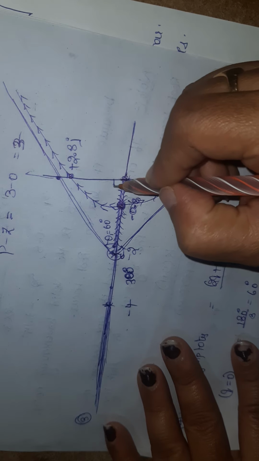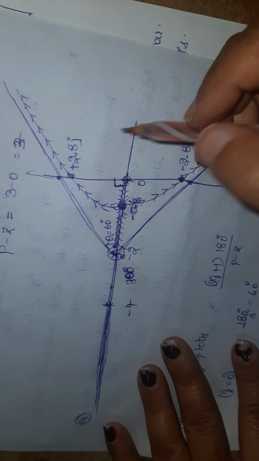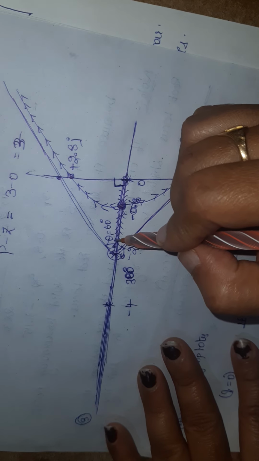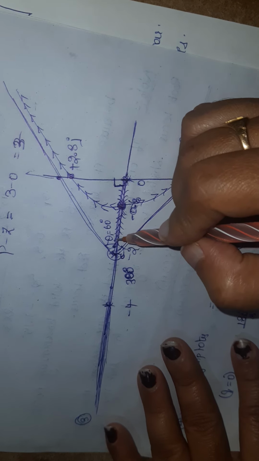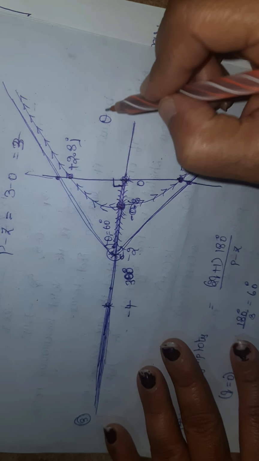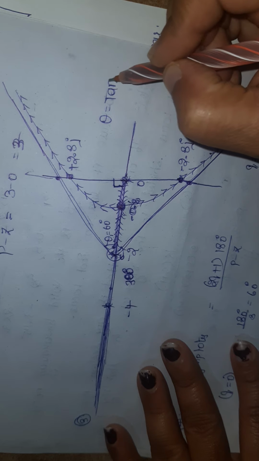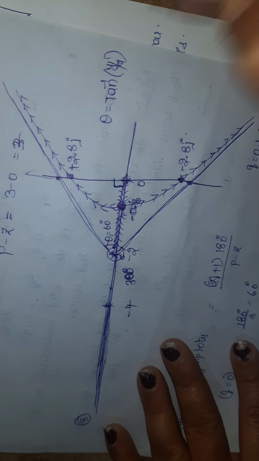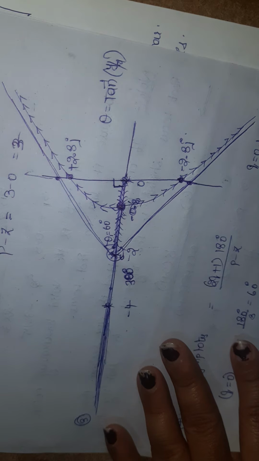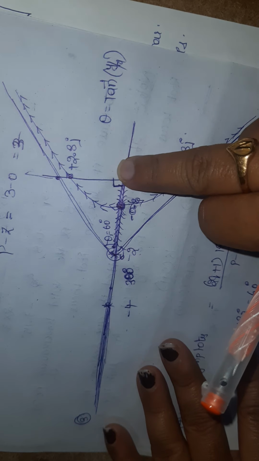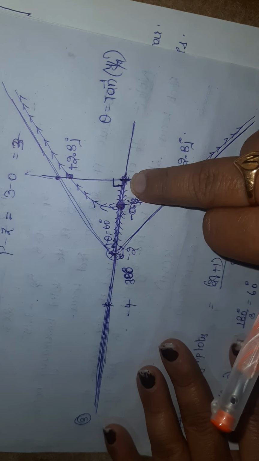Tan theta is y by x, the ratio of opposite side to adjacent side, y-axis divided by x-axis.